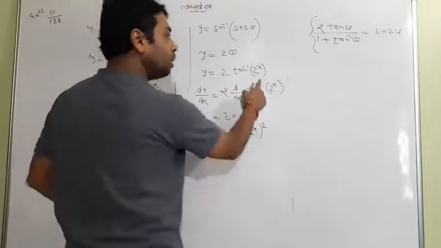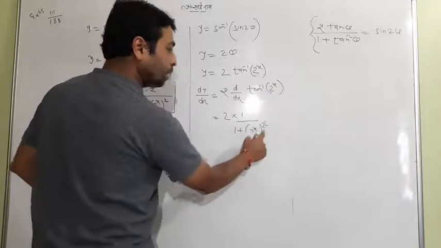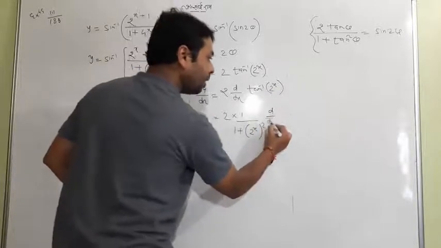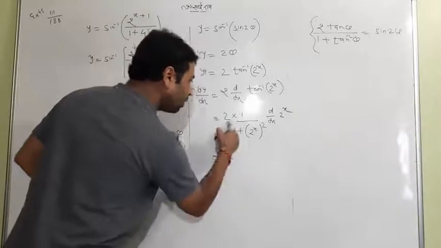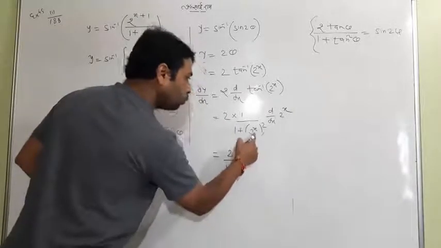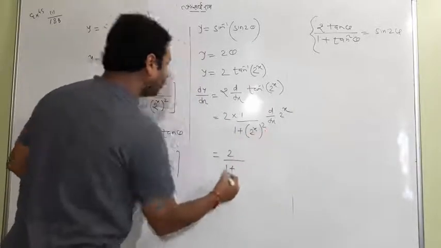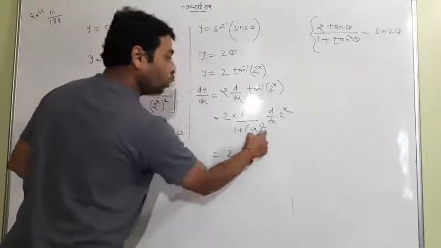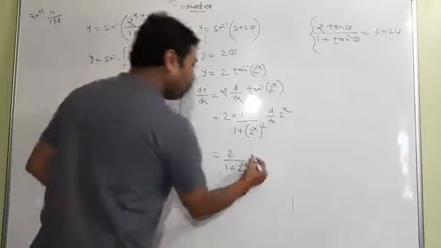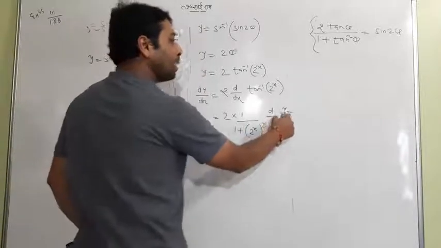So for tan inverse this, it is 1 upon 1 plus this square, and then d by dx of 2 to the power x. One must know that the result is 2 upon 1 plus 2 to the power 2x. You can write 2 to the power 2x, or 4 to the power x also. Now 2 to the power x has a differentiation.